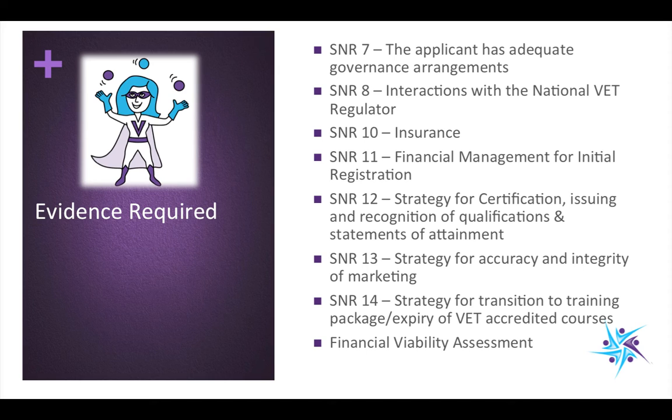SNR 12 is your strategy for certification, issuing and recognition of qualifications and statements of attainment. SNR 13 is your strategy for accuracy and integrity of marketing, so all around your marketing materials. SNR 14 is your strategy for transitioning from superseded training packages or qualifications. And then we have your financial viability assessment kit.